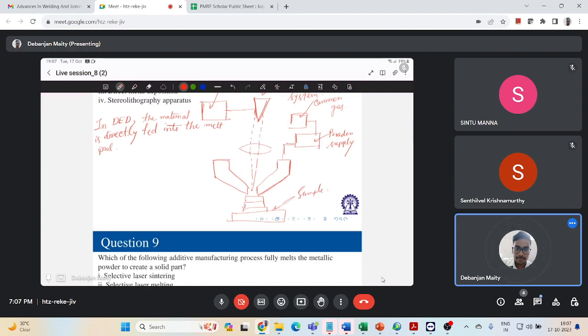Now, I have already talked about the working principle of the electron beam. This is similar to that of a scanning electron microscope, actually. I don't know if you are familiar with SEM or not. So what happens in a scanning electron microscope? Here your electrons are extracted from a metallic filament through a high electrostatic potential or some accelerating voltage.